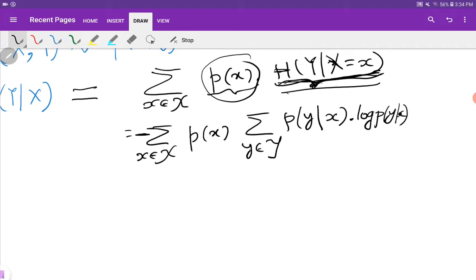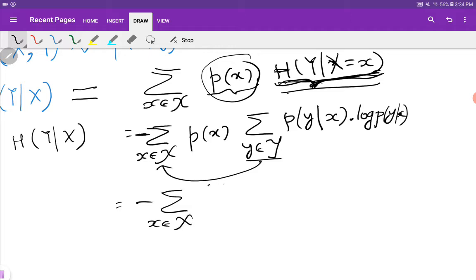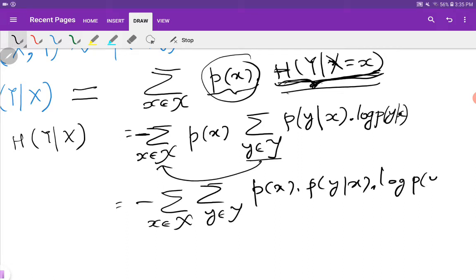So now this is H of y given x. We can bring this sum over here and define this to be p of x times p of y given x times log of p of y given x.